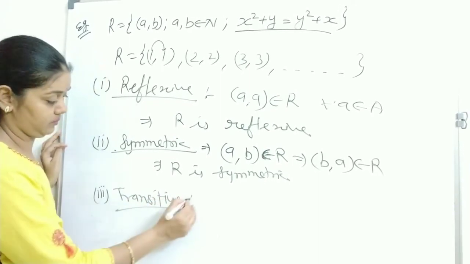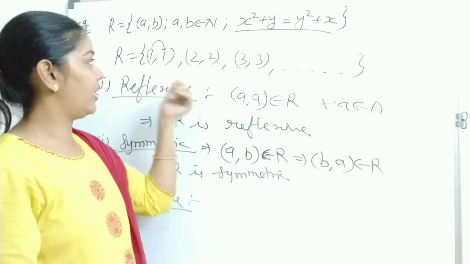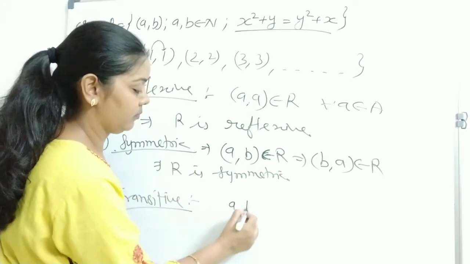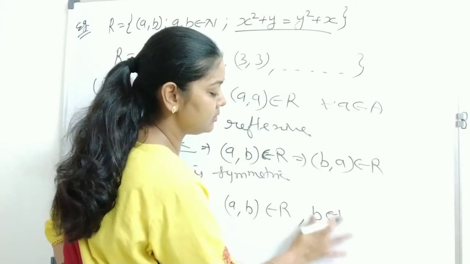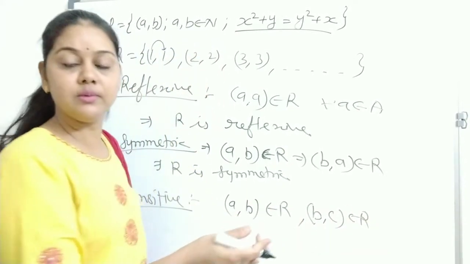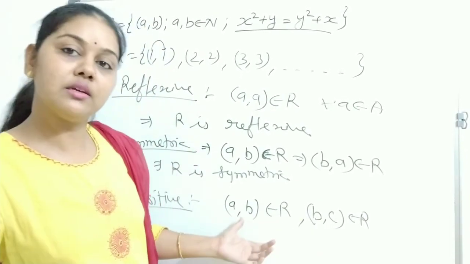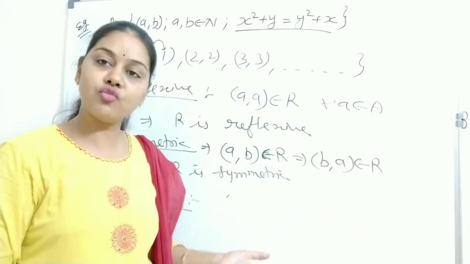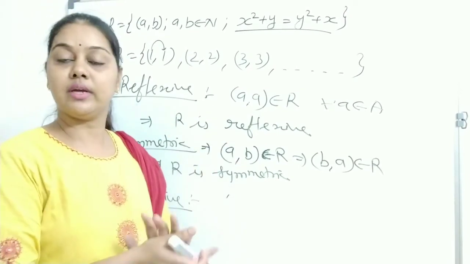Transitive. Again, we don't have any elements to check the left hand side condition: if a is related with b and b is related with c, then we need to check whether a is related with c or not. But since there are no such elements, we need not check. We can simply mention that this relation is transitive.